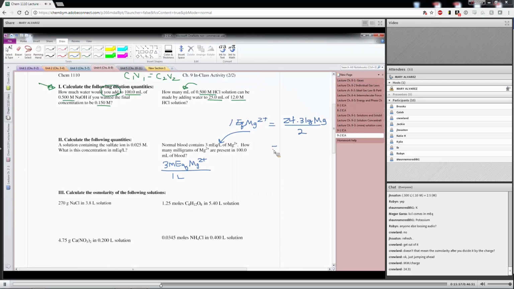So 1 equivalent of magnesium 2+ is 12.155 grams of magnesium 2+. So this is a conversion factor. We start with milliequivalents per liter, and we want to know how many milligrams are in 100 milliliters of blood. This is a liter of blood. Okay, what should we do?